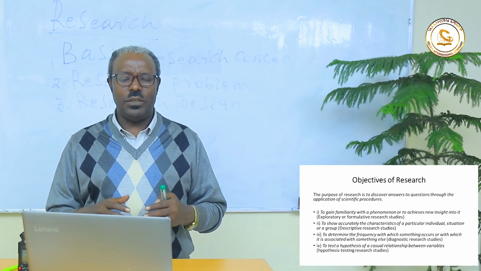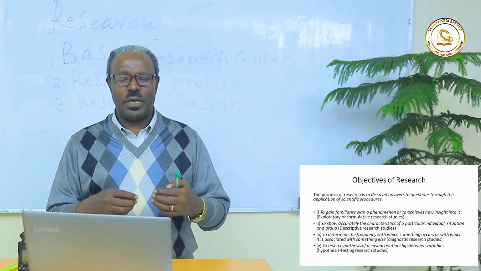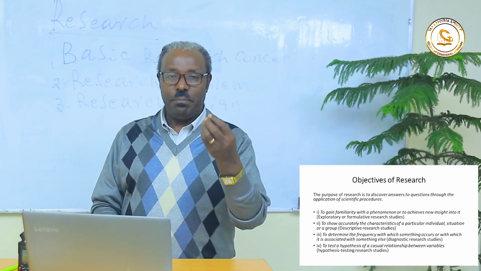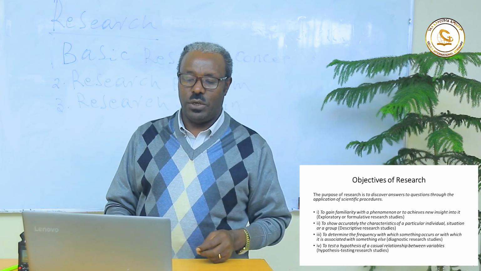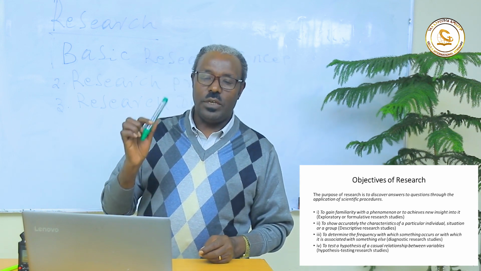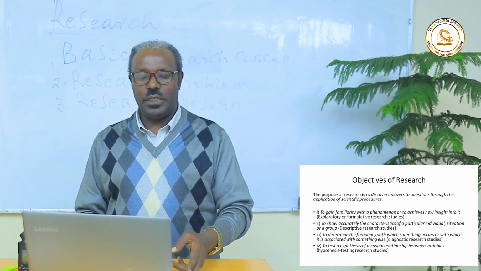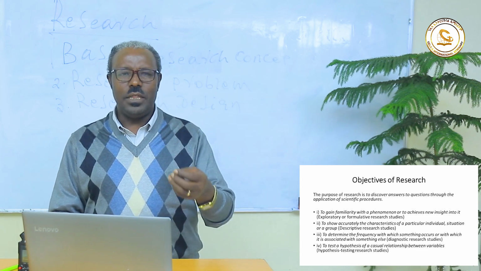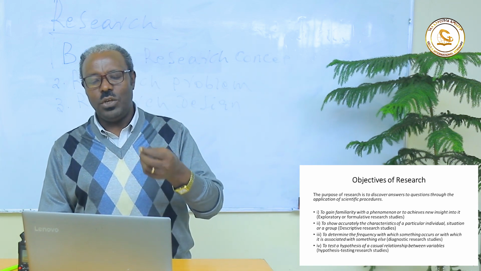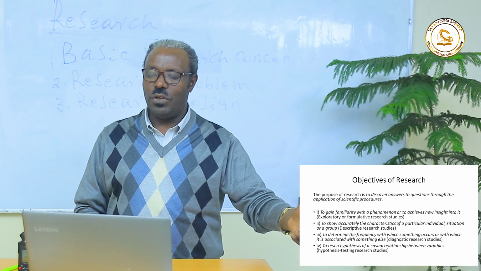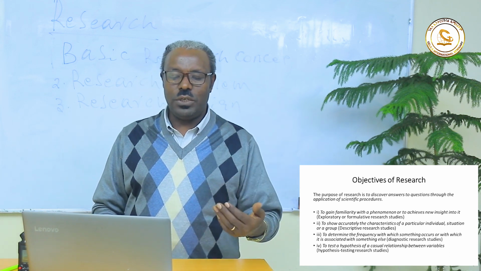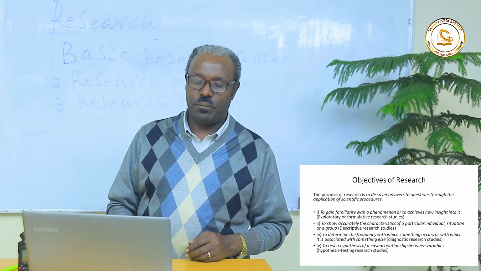The second one is to show accurate characteristics of particular individuals or groups. The third objective of the research is to determine the frequency with which something occurs or with which it is associated.